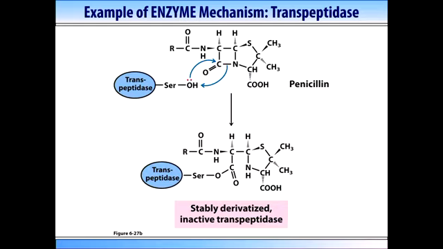It does it successfully. And then the resulting adduct again makes this enzyme permanently inactive. So this is how penicillin and ampicillin type antibiotics work. They irreversibly inhibit the enzyme transpeptidase, which is a crucial enzyme for synthesis of the cell wall.